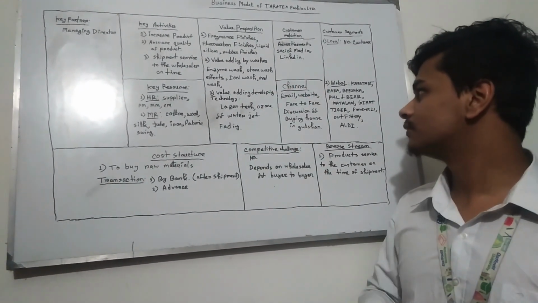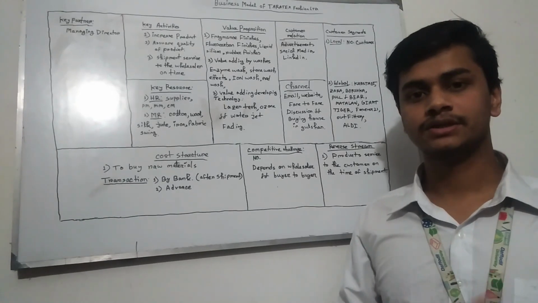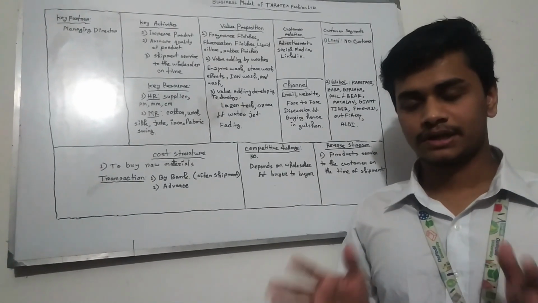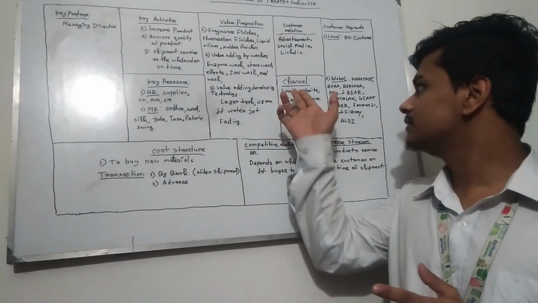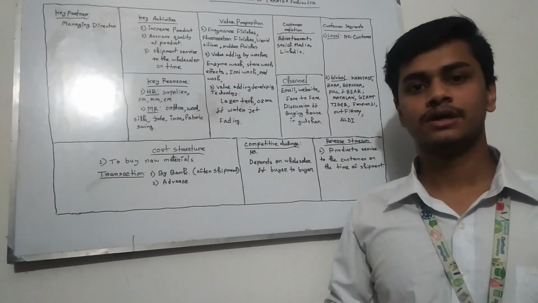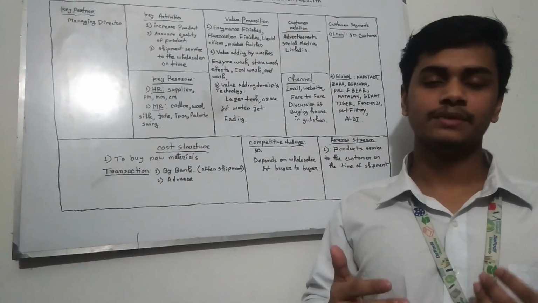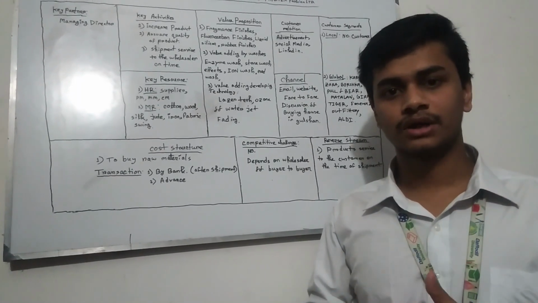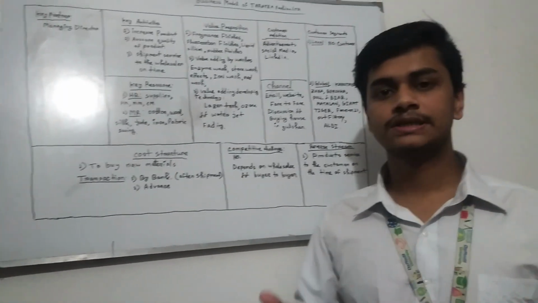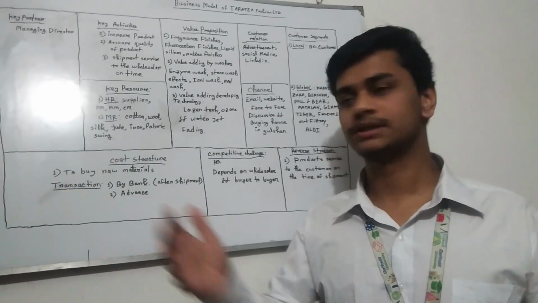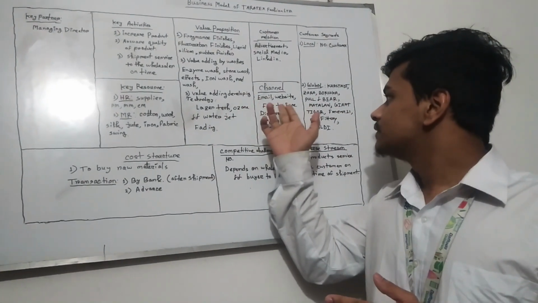Next, the channel. What types of channel do they maintain to keep the customer relationship? Firstly, email. By email they contact their customers. The customer may be local, maybe global. We will discuss it a little later. Face-to-face discussion.